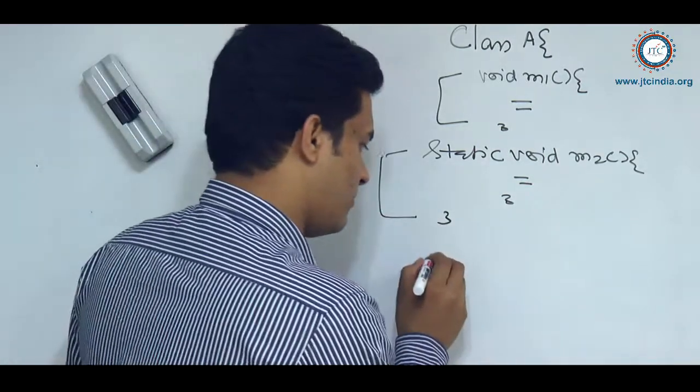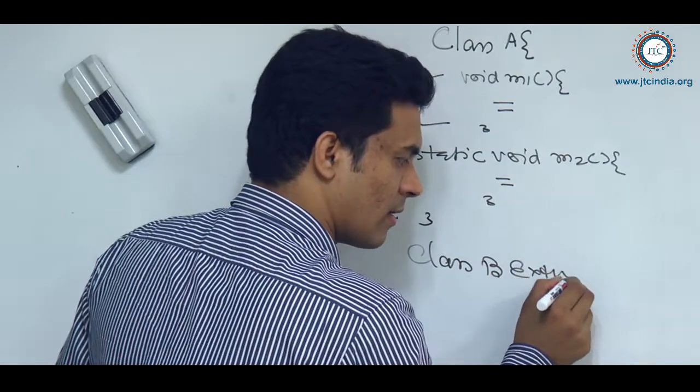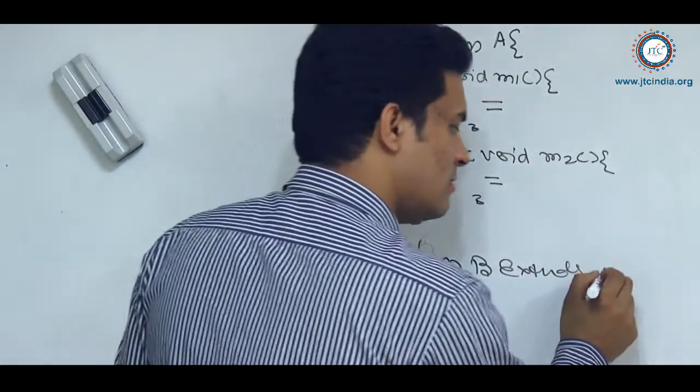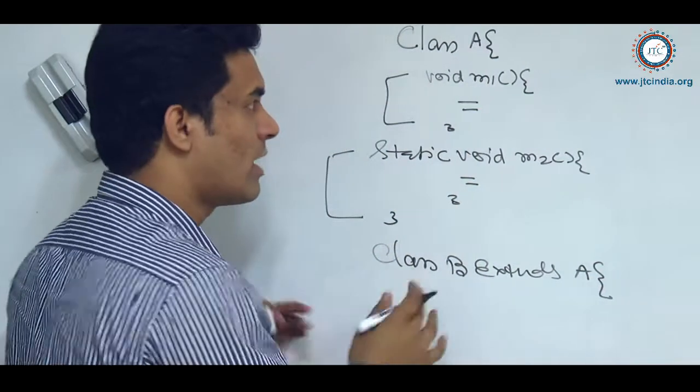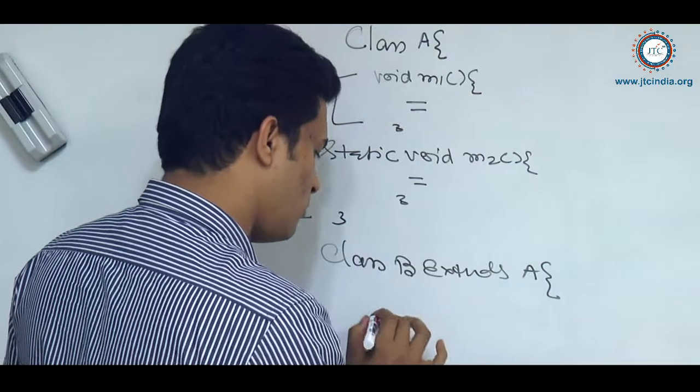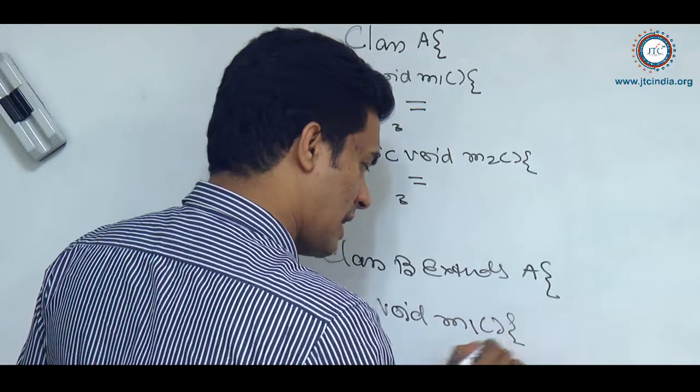Again, I am writing another class, class B which extends class A. In this, I am writing void M1, so I will be overriding the M1 method as it is.